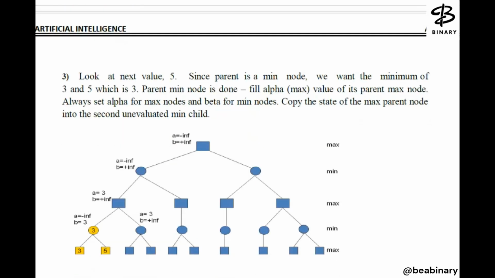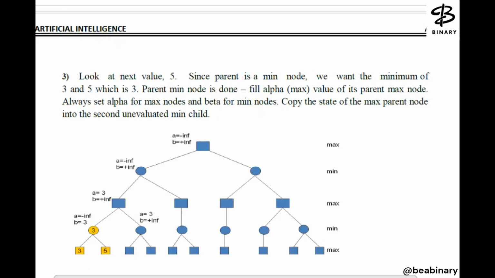Then we look at the next value, 5. Since the parent is a min node, we want the minimum of 3 and 5, which is 3, and the parent min node is done, so we fill the alpha value of its parent max node. So the alpha value is 3.